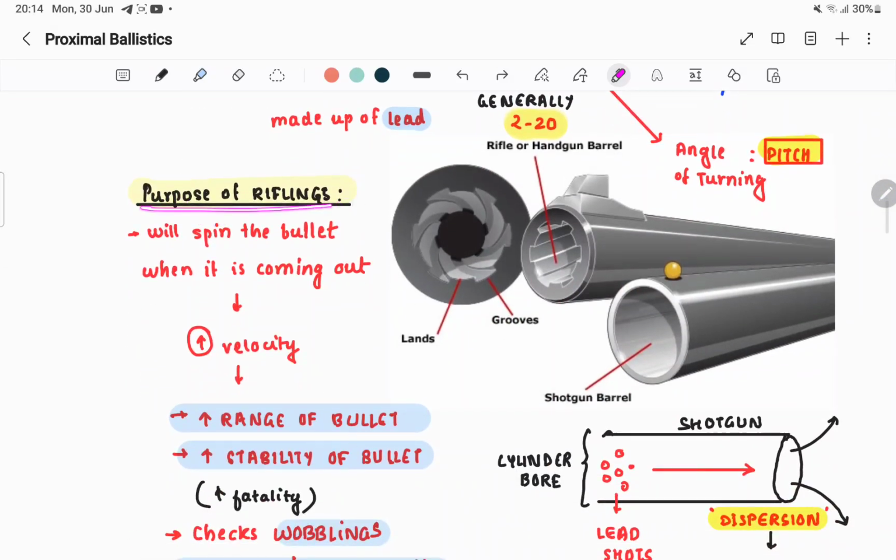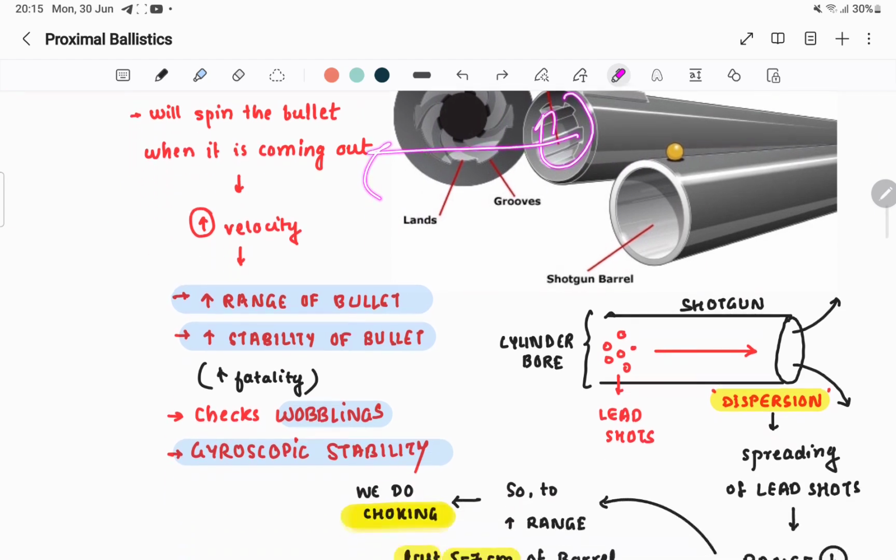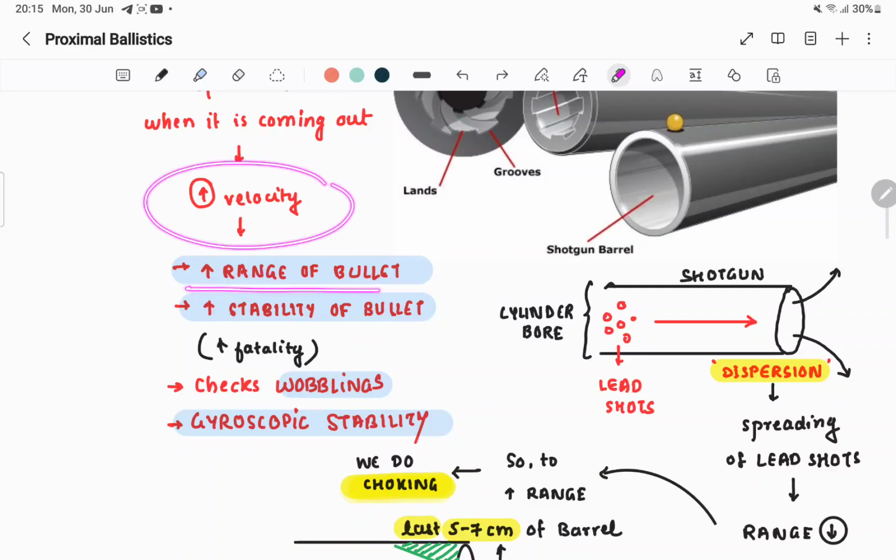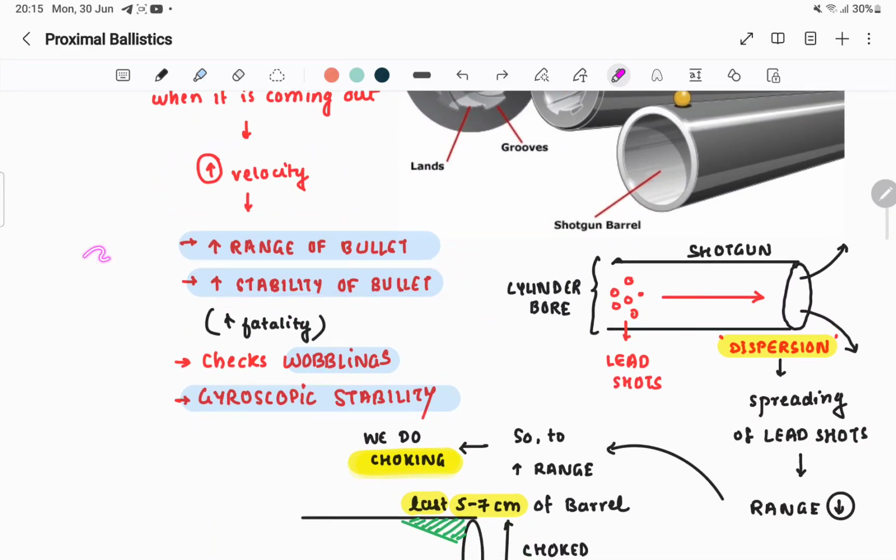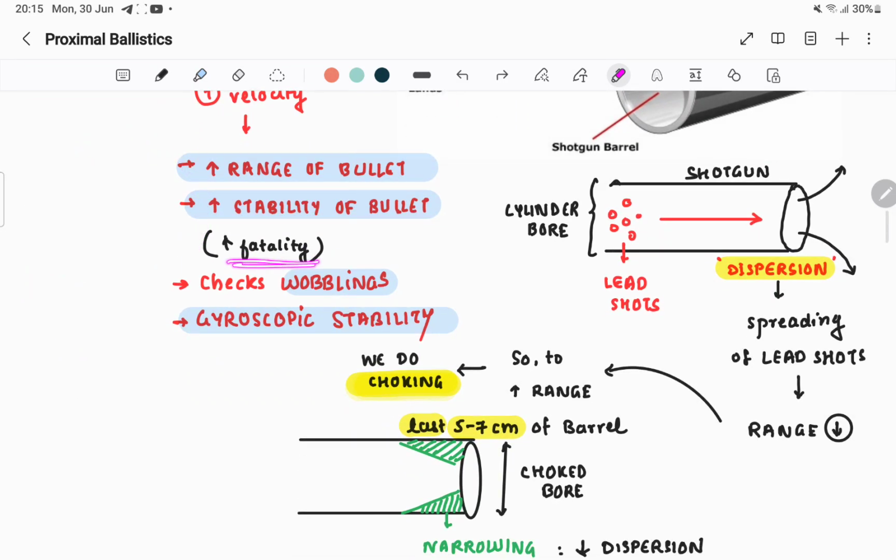Purpose of rifling: what is the purpose of rifling? It will spin the bullet when it is coming out. You must have read in physics that whenever something spins, the velocity increases. It will increase the range. It will give stability to the bullet, a gyroscopic stability, which gives more fatality.